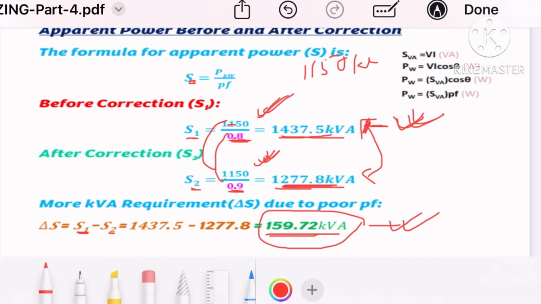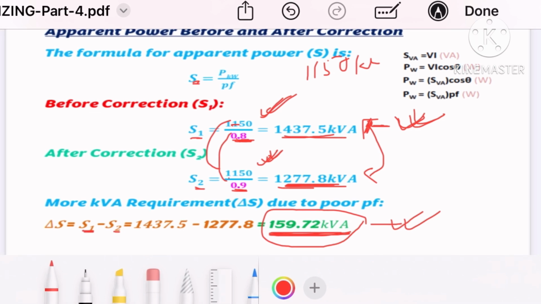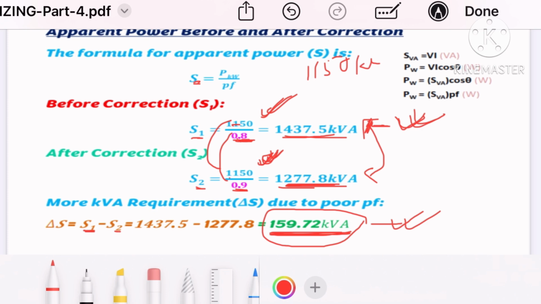It is 159.2 kVA of apparent power requirement, with the same load in both cases, that is 1150 kilowatt. Hope you are clear now.